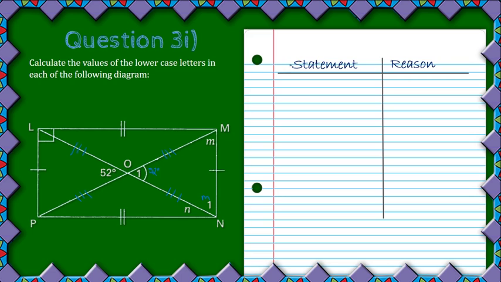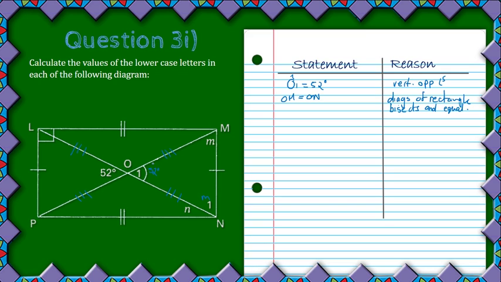So to start off, I'm going to say that O1 is equal to 52 degrees, and my reason is vertically opposite angles. Then I can state that OM is equal to ON, and my reason is that the diagonals of rectangle are equal and bisect.